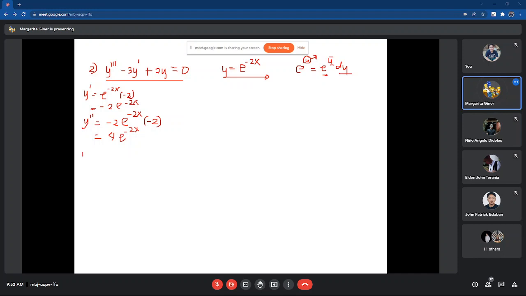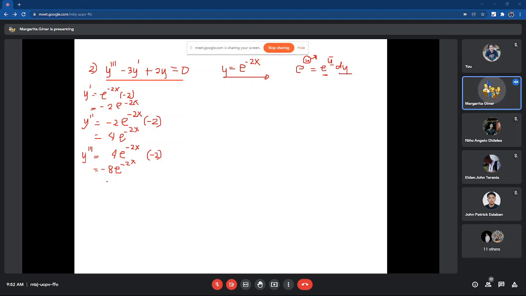Okay? Now, we are in the third derivative. So, 4 e minus 2x. Again, the derivative of your negative 2x is negative 2. Multiply with 4, that is negative 8 e raised to negative 2x.